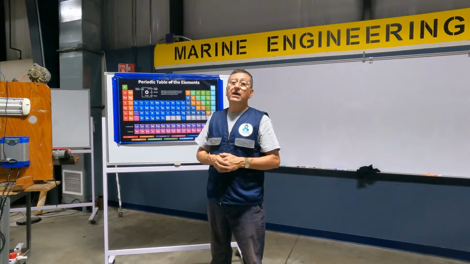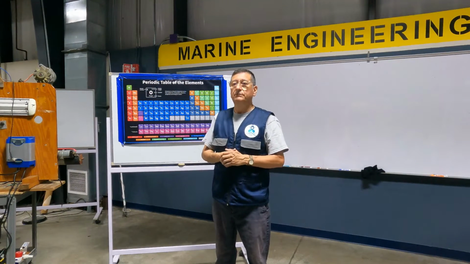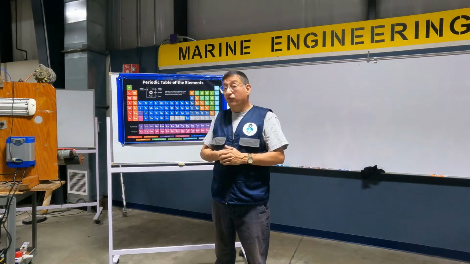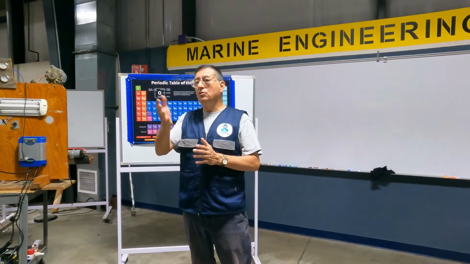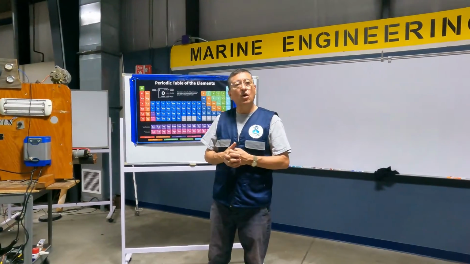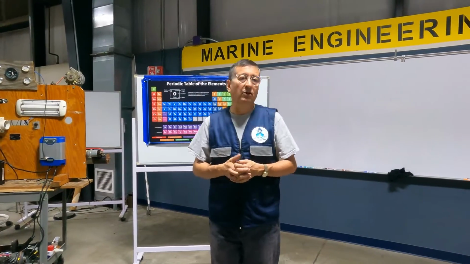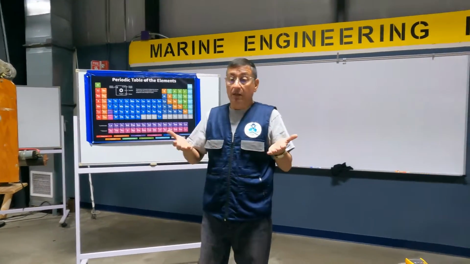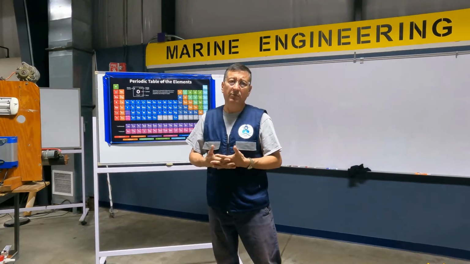And which one is more abundant? Copper. Of course, gold is better, but can you rewire your sailboat with gold wires? I don't know if you're rich enough. Probably not. You don't have the metal, because this is a lot of metal, and you don't have the money also.